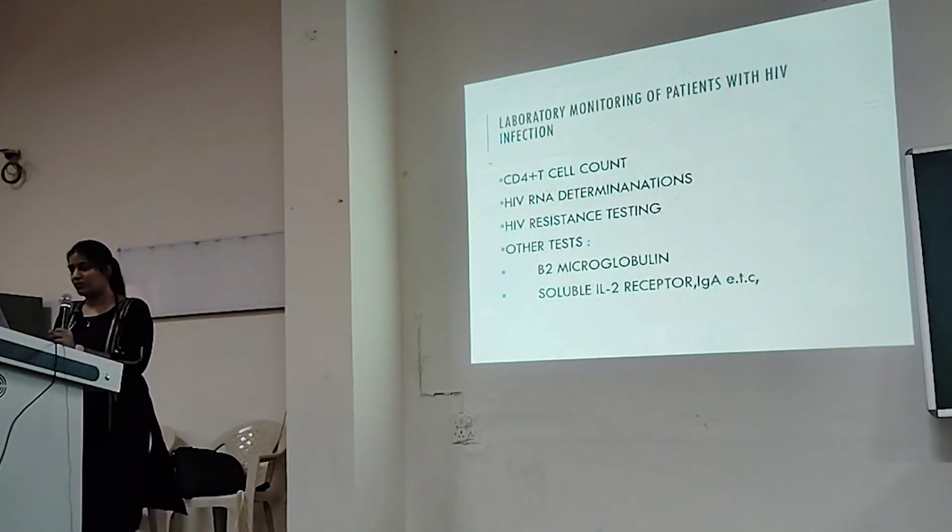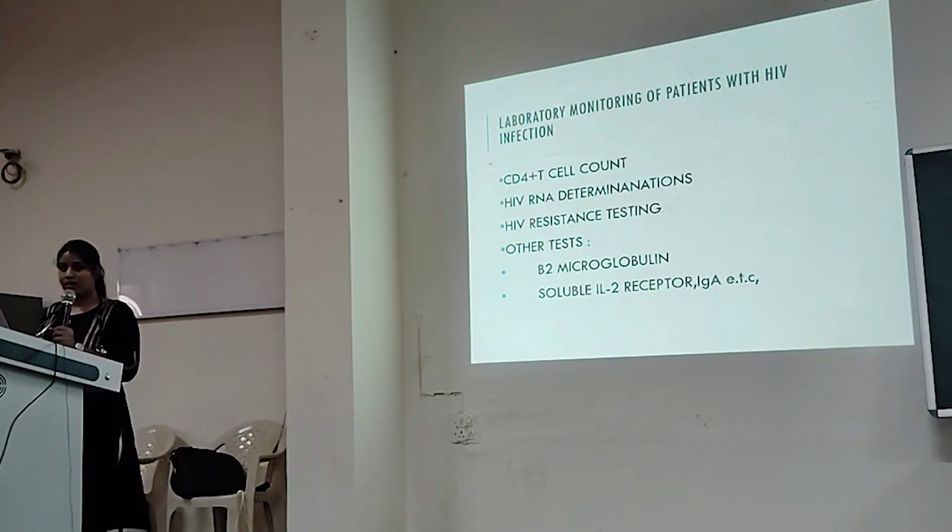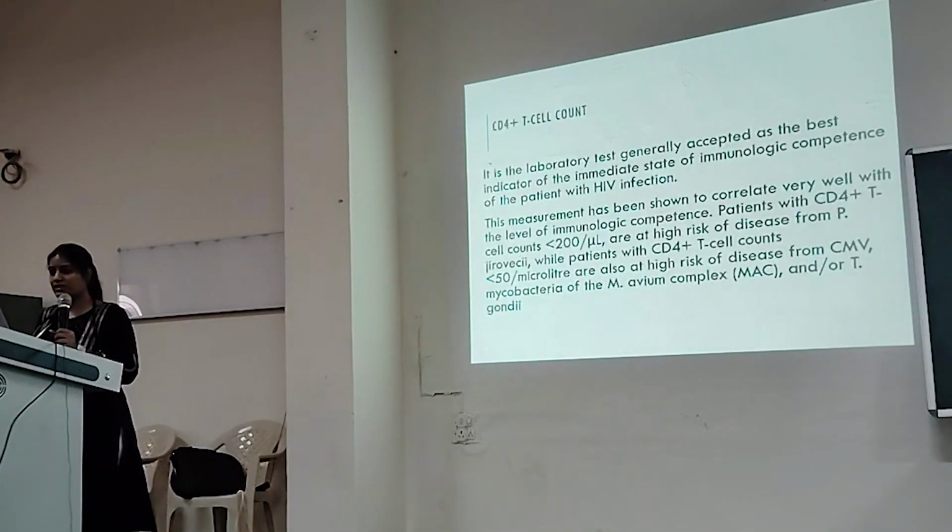Lab monitoring of patients with HIV infection includes CD4 T cell count, HIV RNA, HIV resistance testing, and other tests like beta-2 microglobulin, IL-2 receptor, IgA, etc. In the previous class I also told that opportunistic infections are common if the CD4 count falls to less than 250.